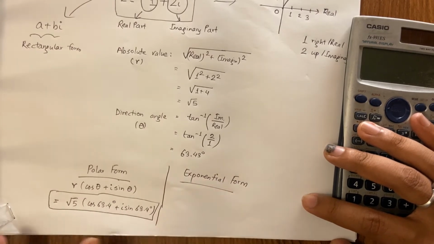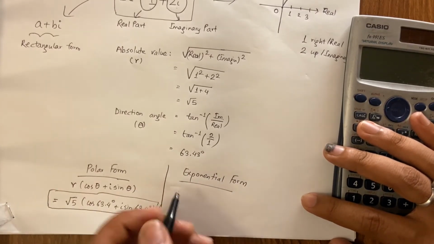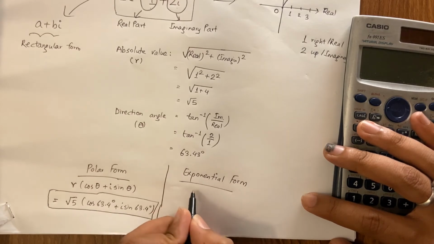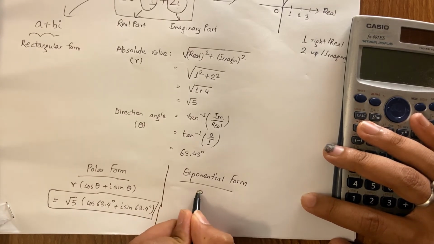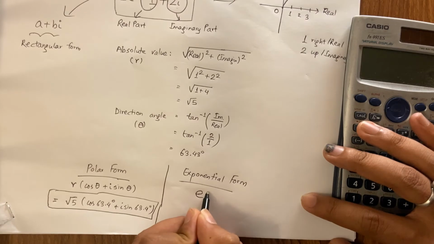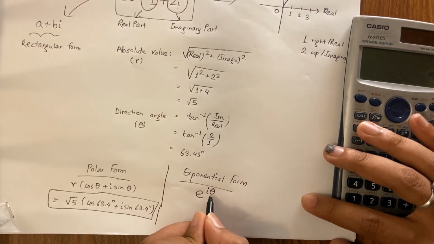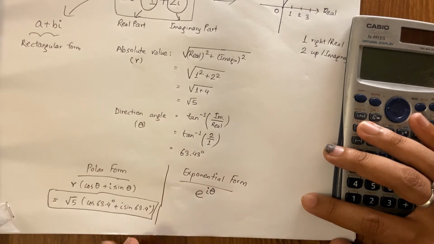Now in order to convert the polar form to exponential form, all you have to do is write it in this form, e to the i theta. Remember, this comes to us from Euler's formula.